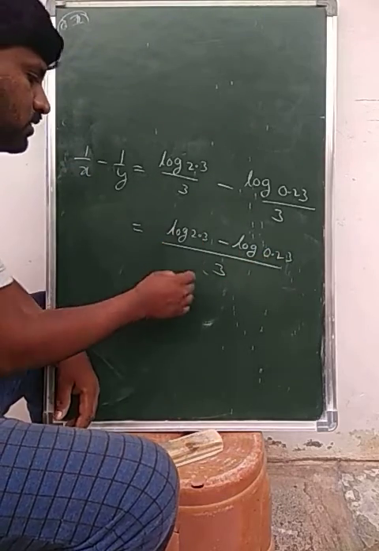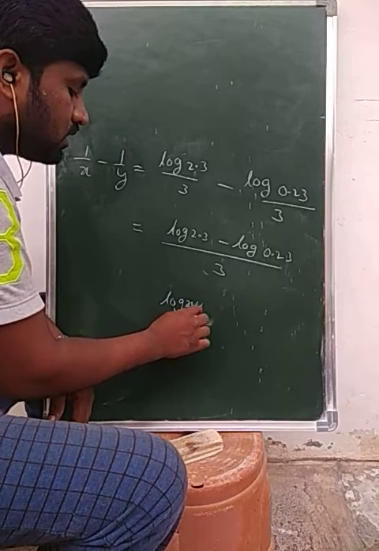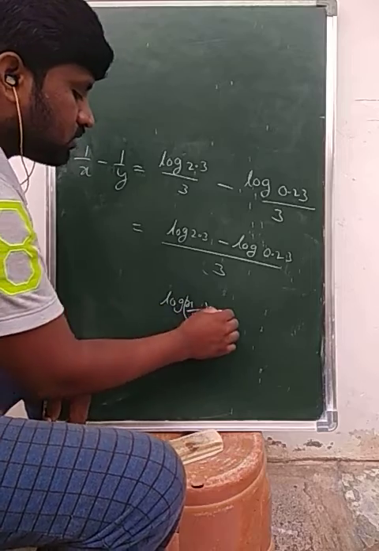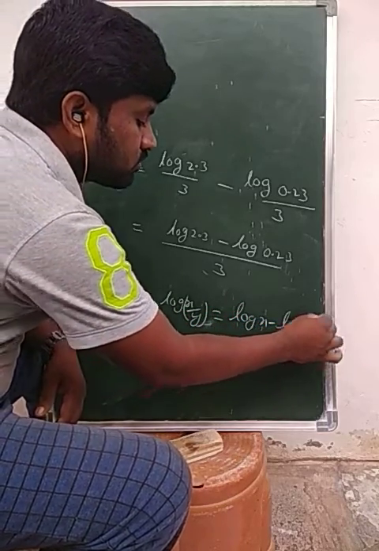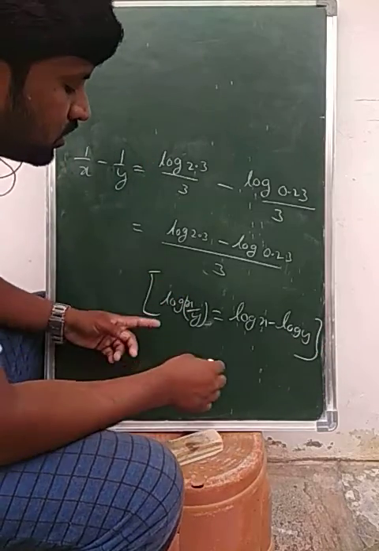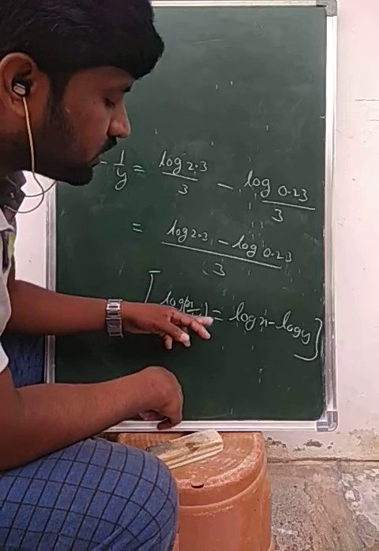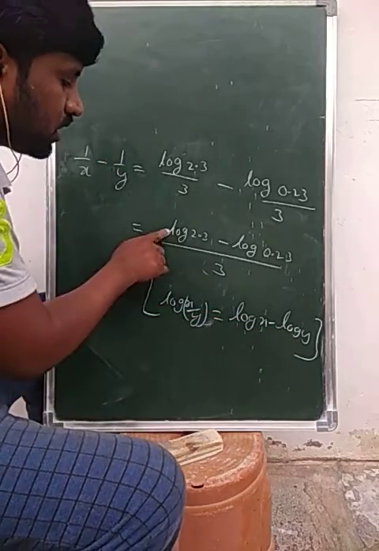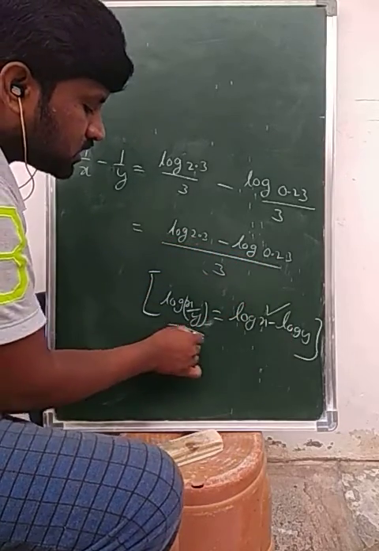Now you try to observe the formula, the quotient rule: log of x by y is equals to log x minus log y. Yes, try to remember the formula. Log of x minus log of y can be written back as a single log.